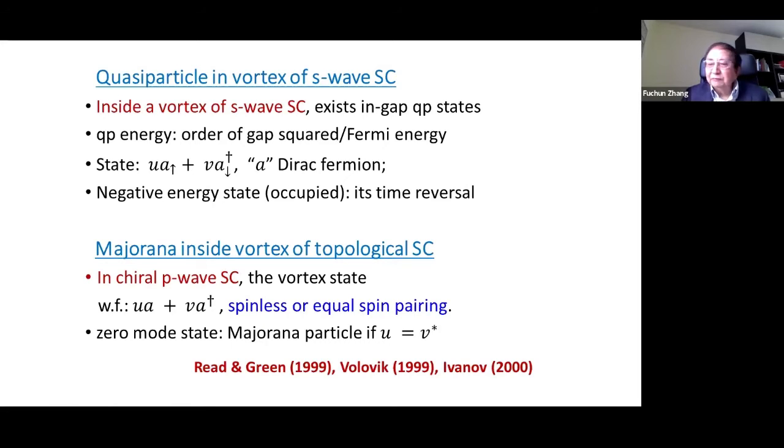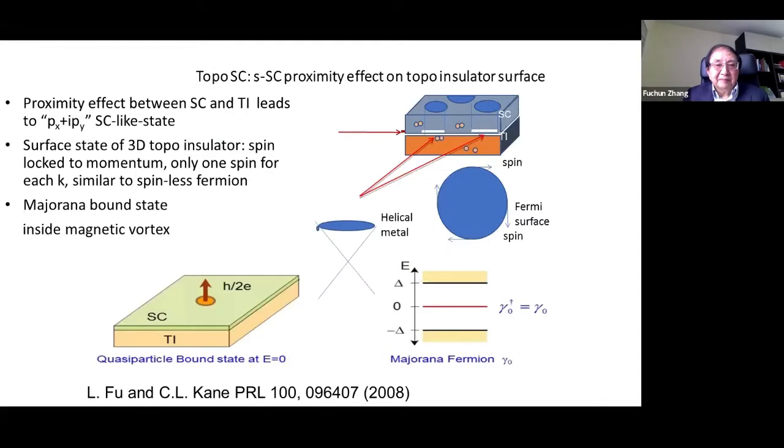The hope for the material strontium ruthenate Sr2RuO4 actually turned out to not be a P wave superconductor, or has a big challenge on that. So that was initially proposed by Read and Green, and by Volovik and by Ivanov. But it's very difficult to realize that.